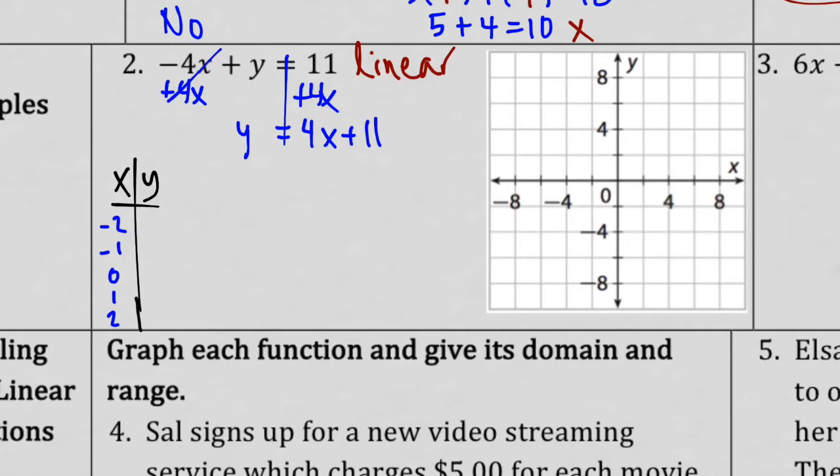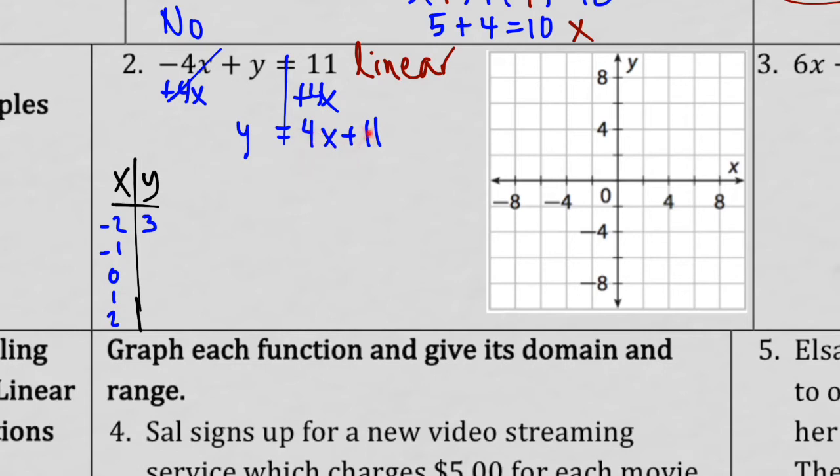So first, let's plug in negative 2. Negative 2 goes right here. That's 4 times negative 2, that's negative 8, plus 11, negative 8 plus 11 is 3. That gives me 3. Watch again. I'm going to plug in negative 1. 4 times negative 1 is negative 4.